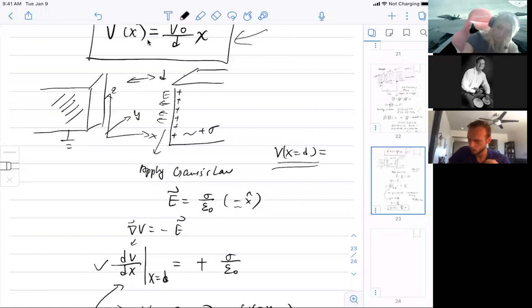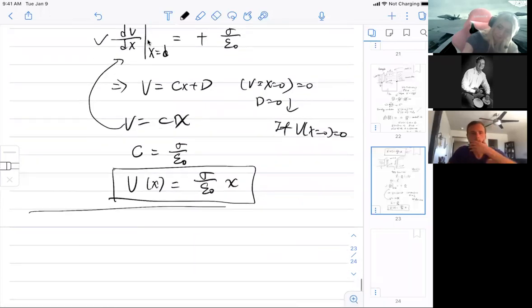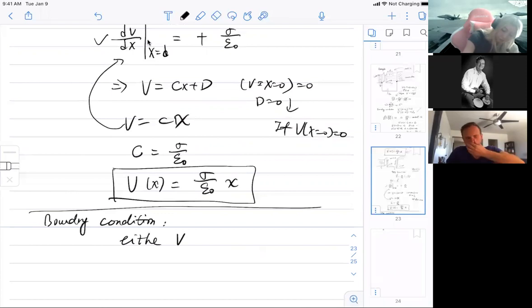So the boundary conditions are often given in two of these ways. They either tell you what V is, or they will tell you what dV dn is. dV dn, what does that mean? n is the area vector that is perpendicular to the surface.